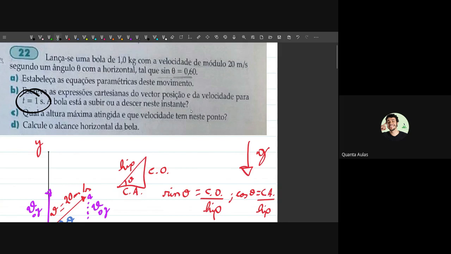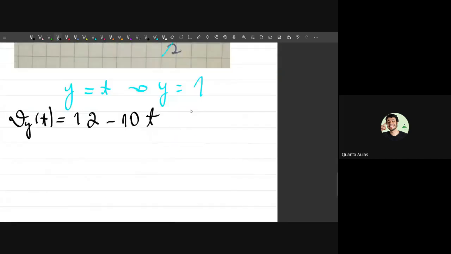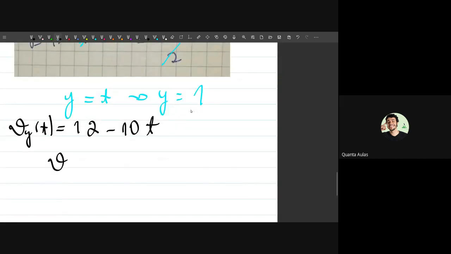You can just put the time, 1 second, in the equation you obtained. It's very easy if you understand this. If the velocity is positive, the body is going up. If the velocity is negative, it is going down.